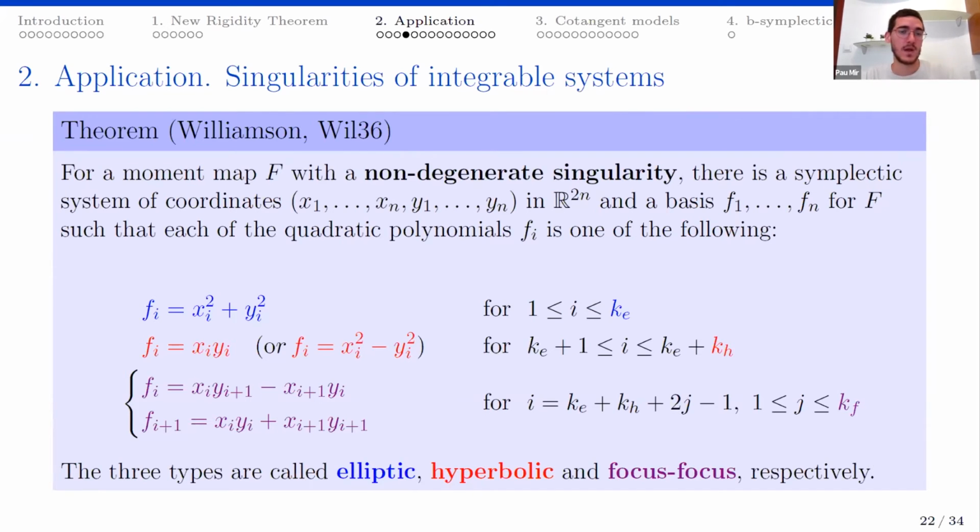So these are the 3 basic singularities you can find in integrable systems which are non-degenerate. And we find these kinds of singularities in the simpler physical examples of mechanical systems. We already find variations of these singularities, and we will see examples of the theory.